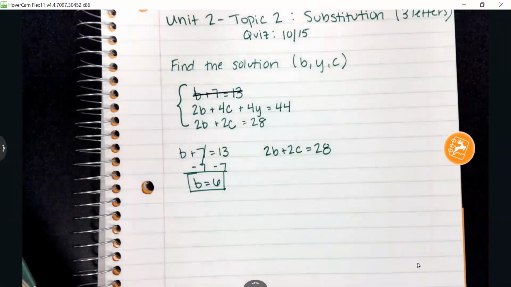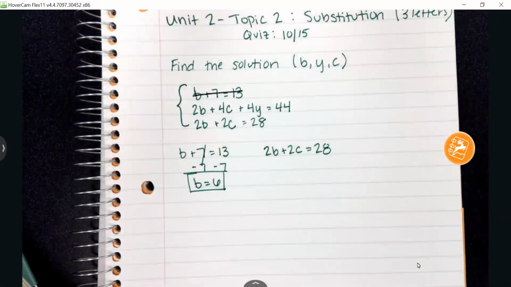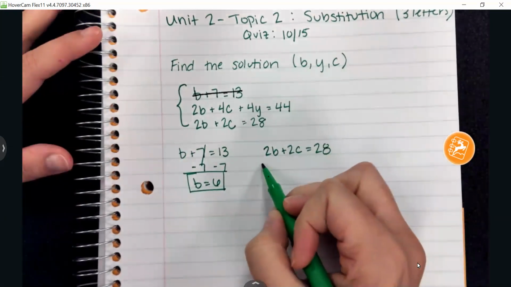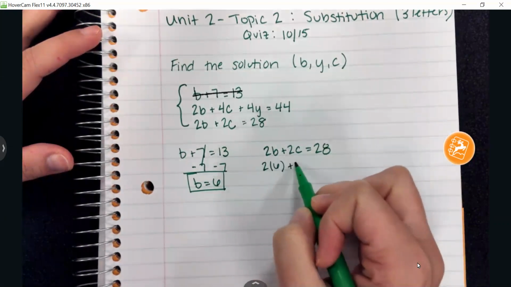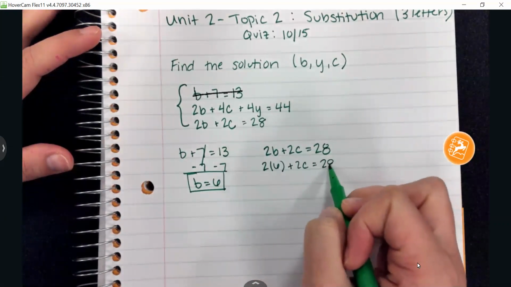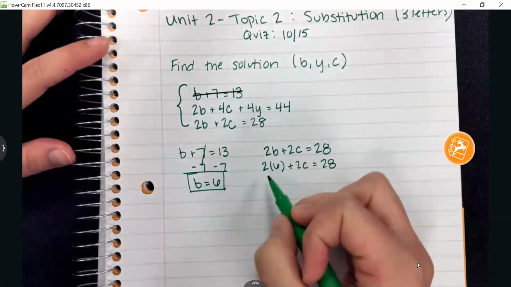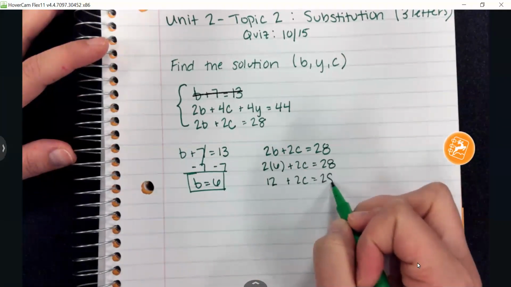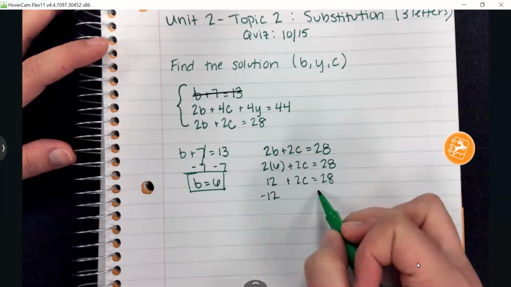Which one can I exchange? I can exchange B, and that would be for the number 6, using parentheses, okay? 2 times 6 is 12. I'm going to subtract 12 from both sides.